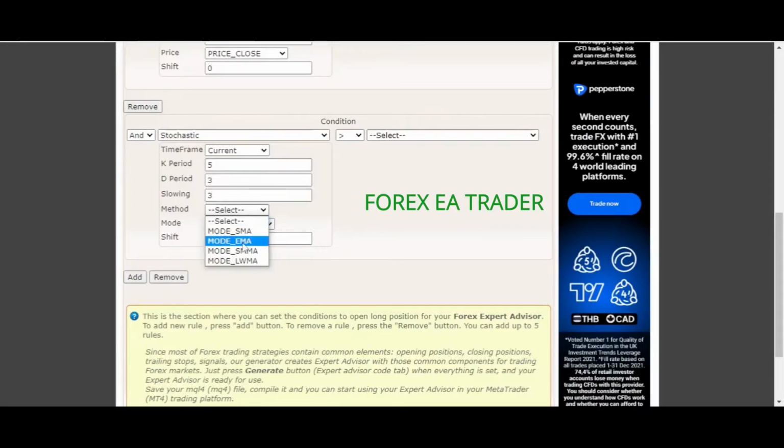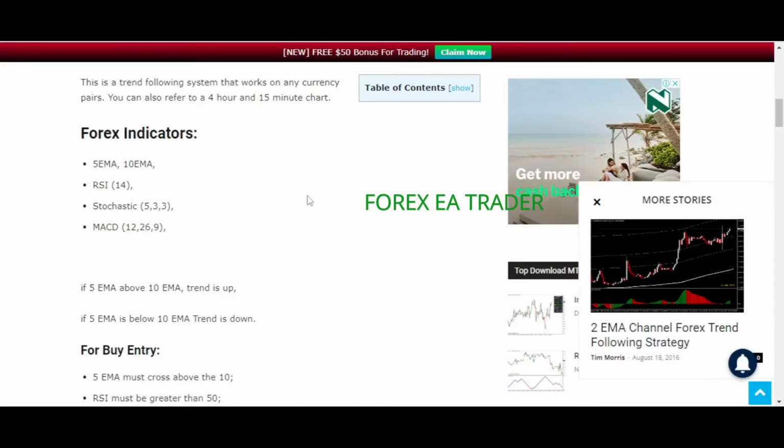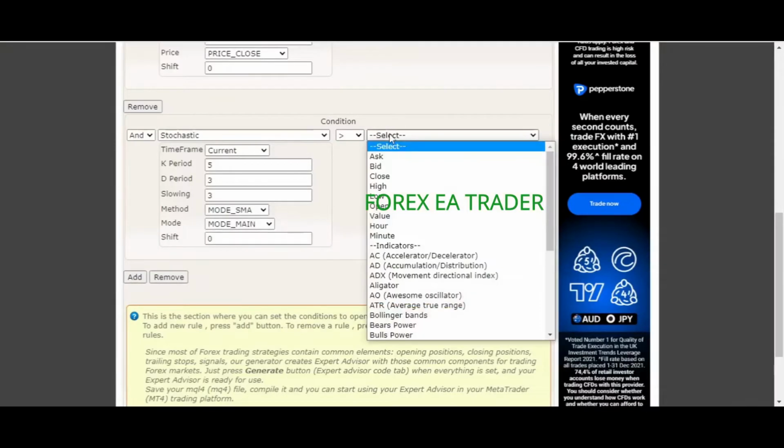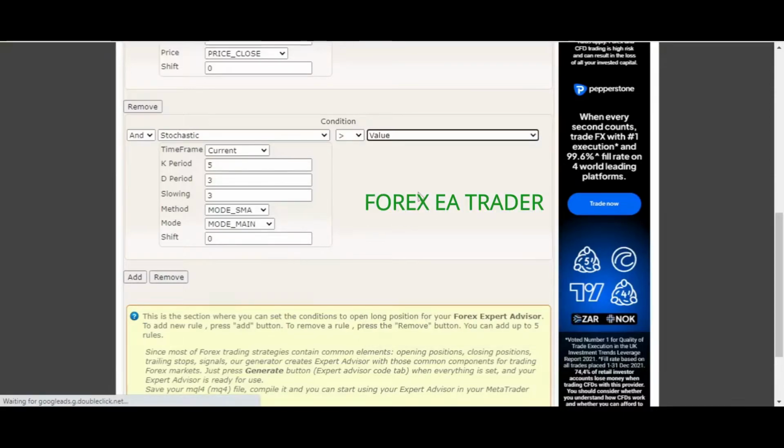And method, it really doesn't matter, just use SMA. And mode, we are just going to use main, and shift we are going to use 0. You can always change the values if you are not happy with these values. Then it needs to be above, we said it needs to be above the 20 line. So we're going to again come and say value, it needs to be above 20 there.